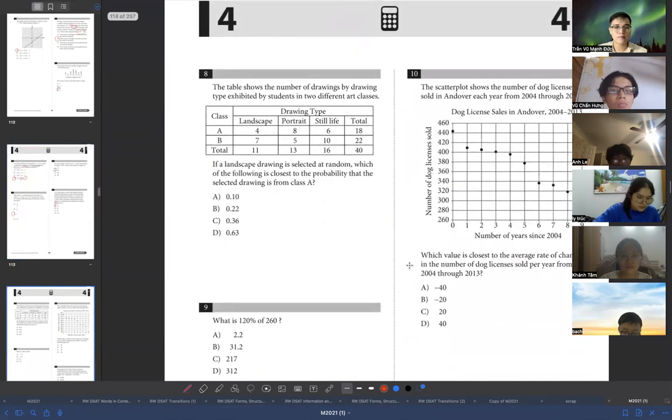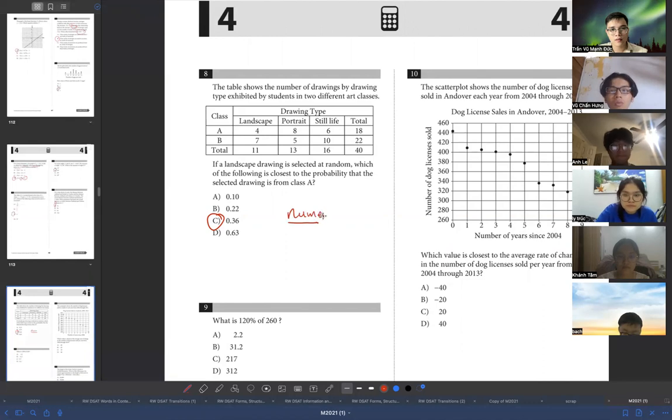8 is 8C. Can you just briefly remind me of how to calculate the probability? What is the numerator? And what is the denominator?